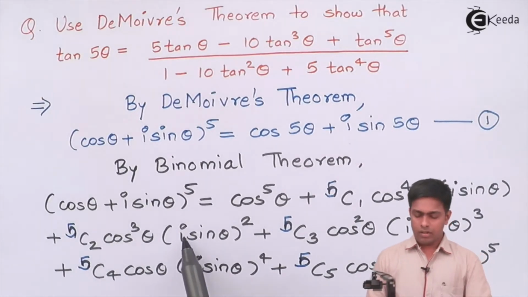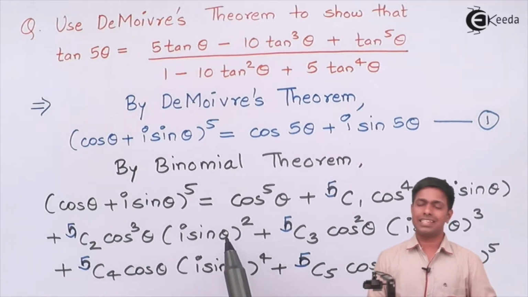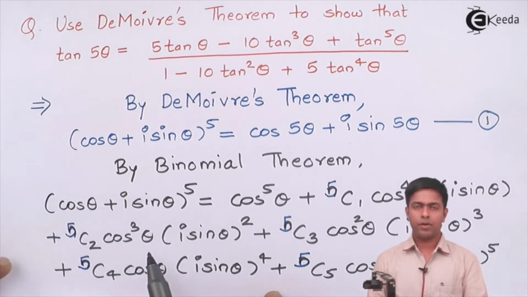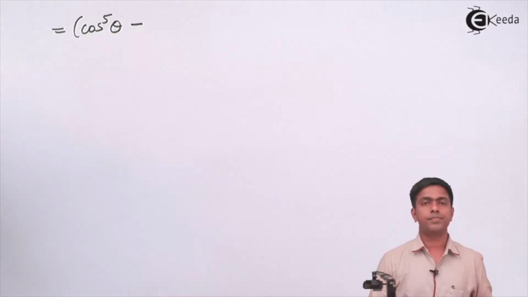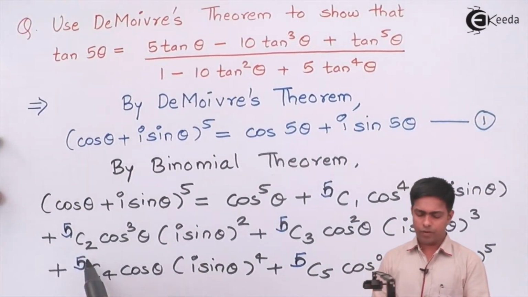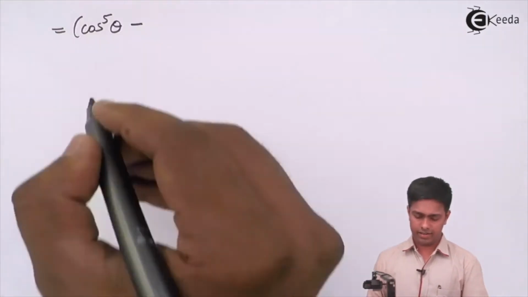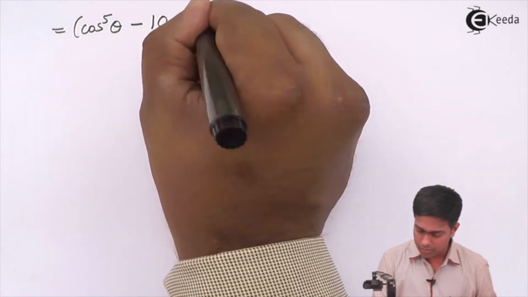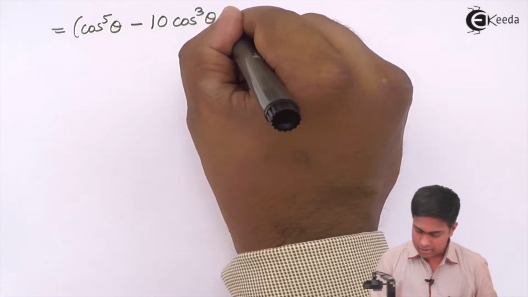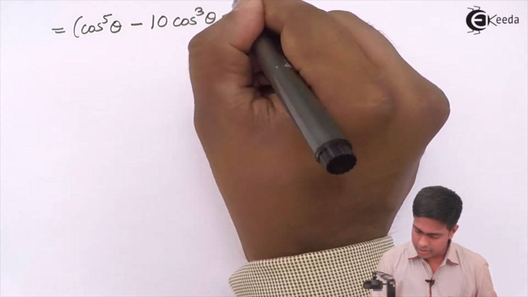Now I square, since it is negative 1, I'm going to take the negative sign over here. Next, the value of 5C2 is 10, so that will become 10 cos cube theta sine square theta.